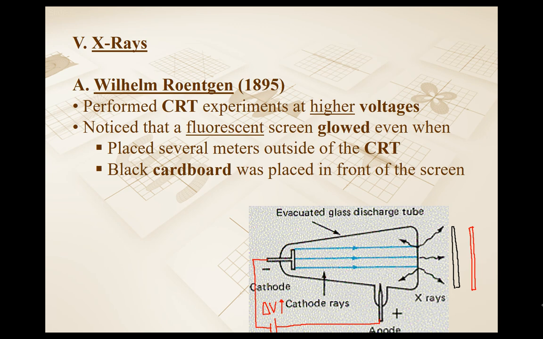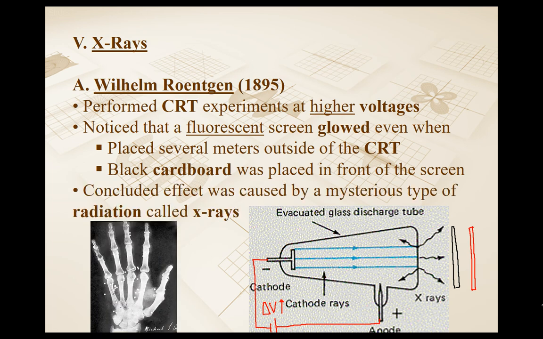So even by putting an opaque object between the fluorescent screen and the cathode ray tube, it's still having some kind of an effect on the fluorescent screen, which means that there's something from the tube that's passing through your piece of cardboard. Now, Röntgen wasn't sure what this was.